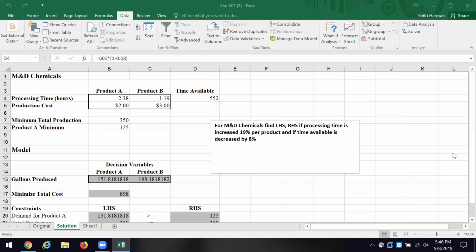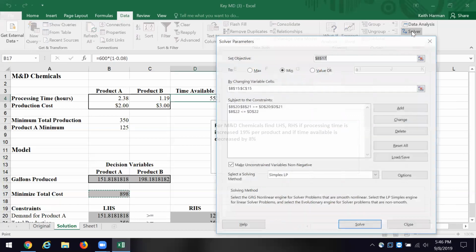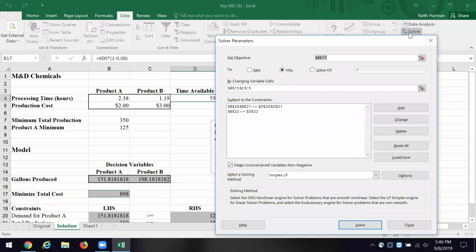And I can open the Solver up here and I'll show you. That number just didn't come from nowhere. There it is. But now if I run the solve, watch.